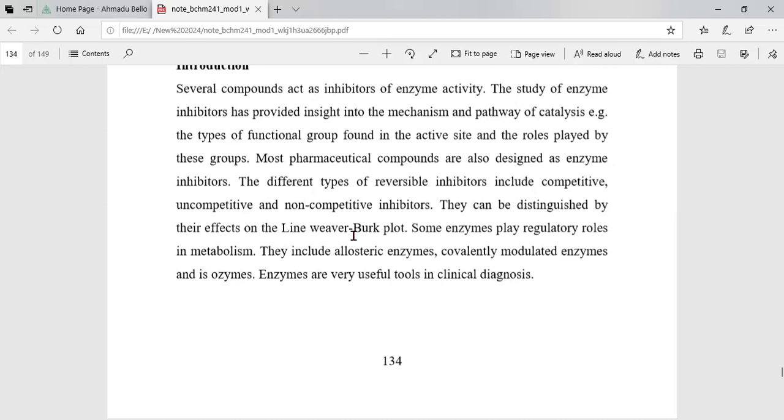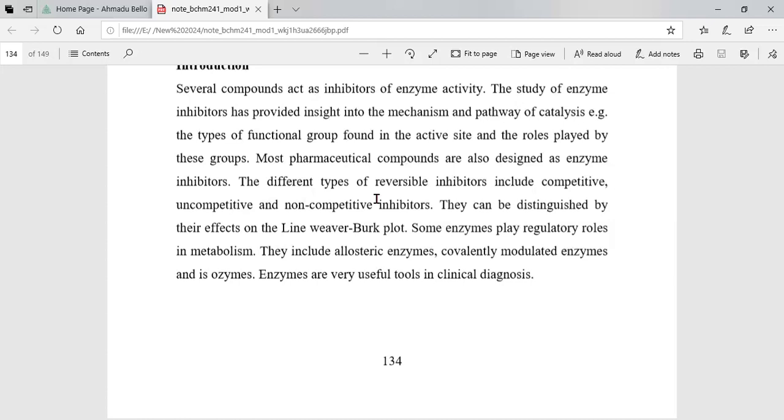We have two different types of enzyme inhibition: reversible inhibition, with reversible inhibitors, and irreversible inhibition, with compounds that serve as irreversible inhibitors.